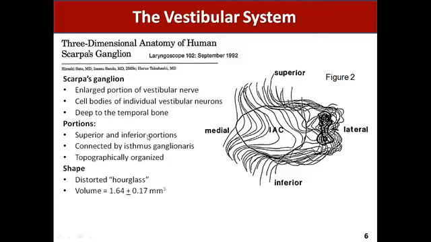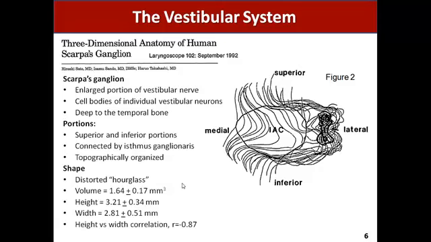Because of the enlarged superior and inferior portions of the ganglion, it's described as having a distorted hourglass shape, and it is quite small, but some rough dimensions in terms of the volume and the height and width are described nicely in this research study.